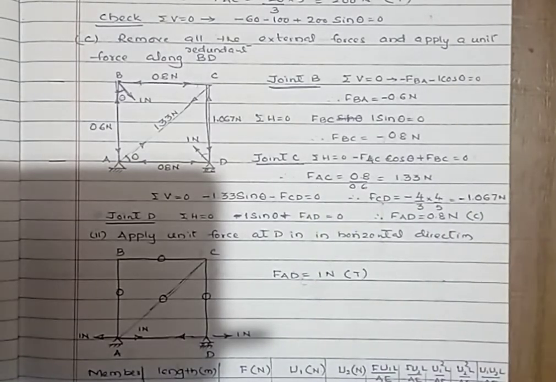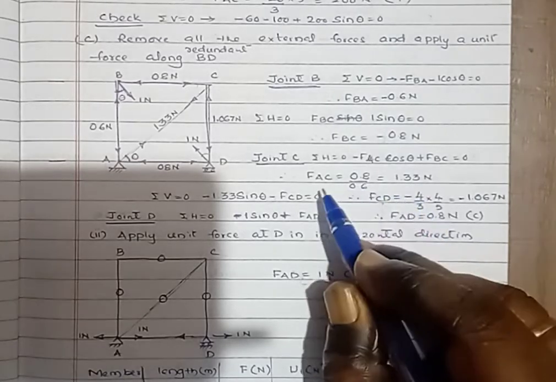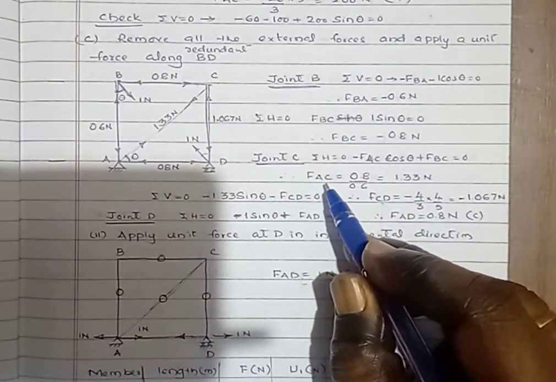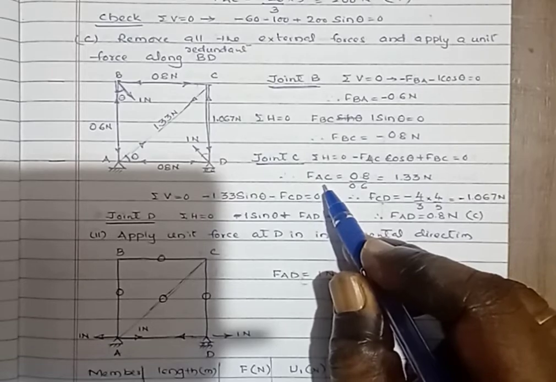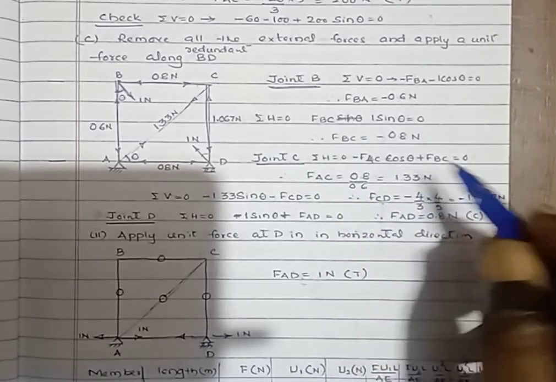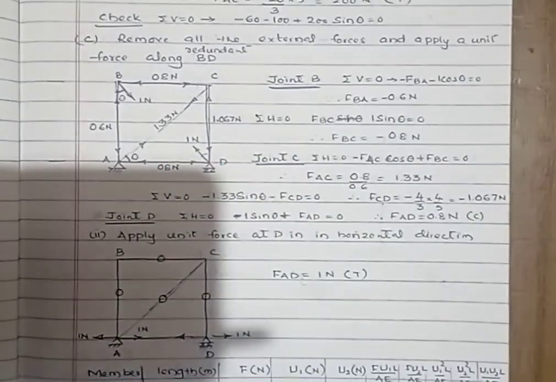Therefore, U_AC equals 0.8 by 0.6. Here you will get the force in the member due to the unit load along the redundant BD as 1.33 Newton, as shown in the figure.